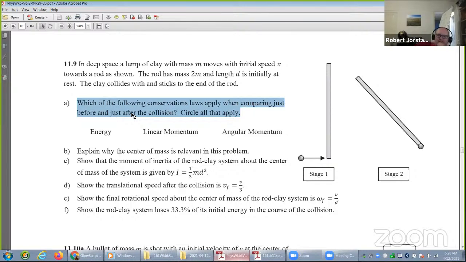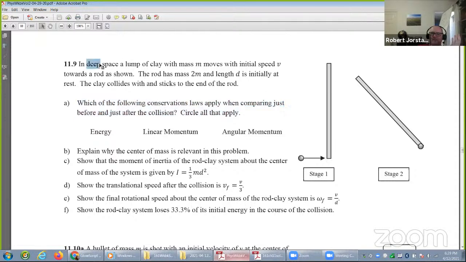We're in deep space. Apologies for me putting some problems in deep space. It's just easier. If I put things in deep space, it's okay that they're just floating around, and it takes fewer words. There are examples of this in the real world. You could imagine this is like a hockey stick and this is a hockey puck that hits it, and you're viewing it from above. The same physics would apply.